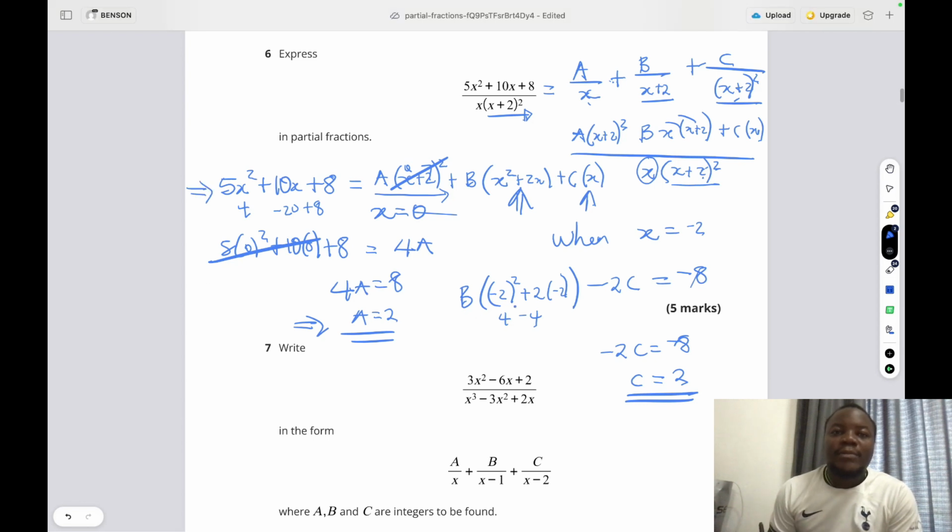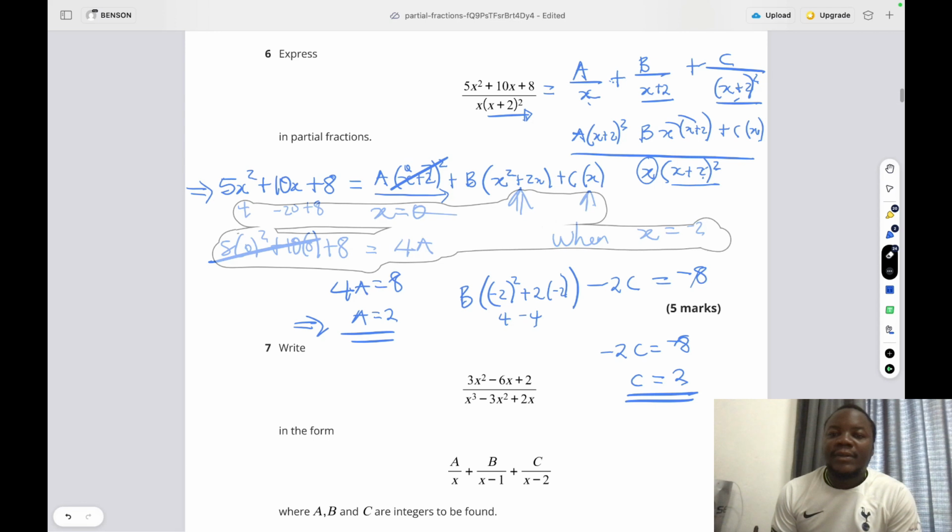I'm just going to write it on a separate space. Let me take off everything here. I'm hoping you did copy what you needed to copy. I will leave out the answers for c and a.